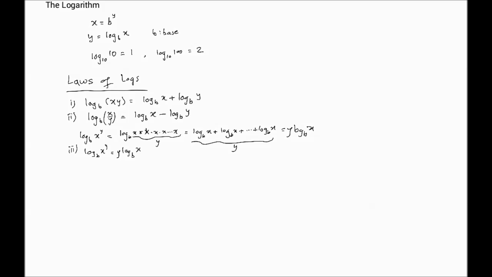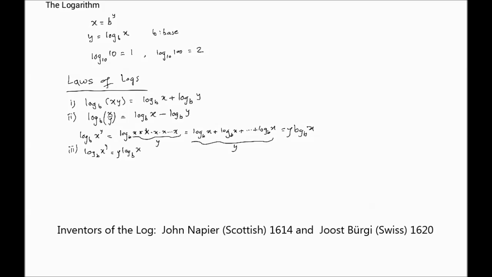One was a Scotsman, John Napier, and the other was a Swiss mathematician by the name of Jost Burgi. Napier's definition was published in 1614, and Burgi's logarithms came around 1620. So as you can see, this is not a new concept. It's quite an old idea.